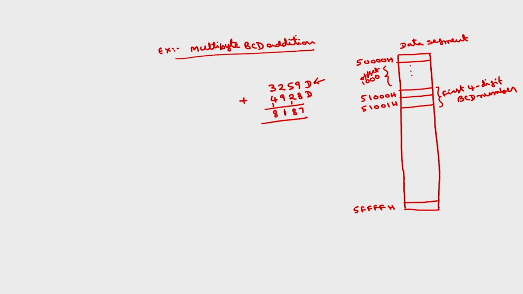Okay. And then I am storing this second BCD number, which is a 4 digit BCD number or 2 byte number, with the offset of say 5200. Here I am storing the second 4 digit or 2 byte BCD number.